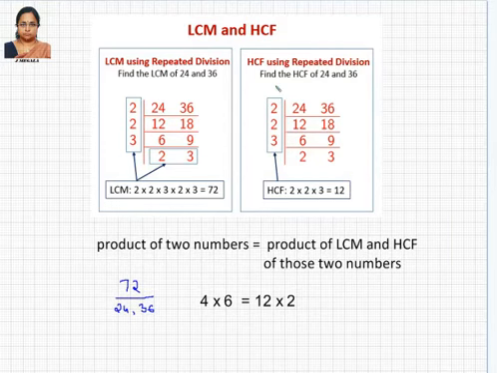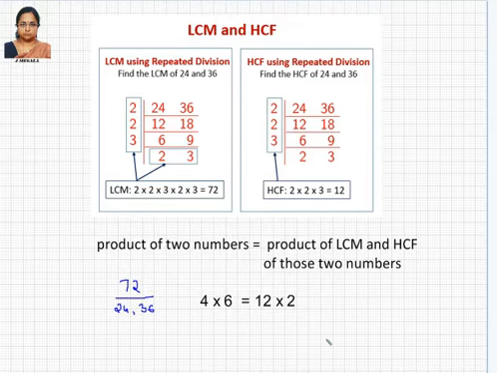Similarly, when you go for HCF, it's the same process you're going to do, but you are just going to take the common factors, not the ones which are left out. When you consider this, that becomes your HCF. Here we are taking all the numbers, but there we are taking only the common ones. So remove this, it is not common to both. This is left out of 6 and 9. So this is what is common: 2 into 2 into 3 is 12.